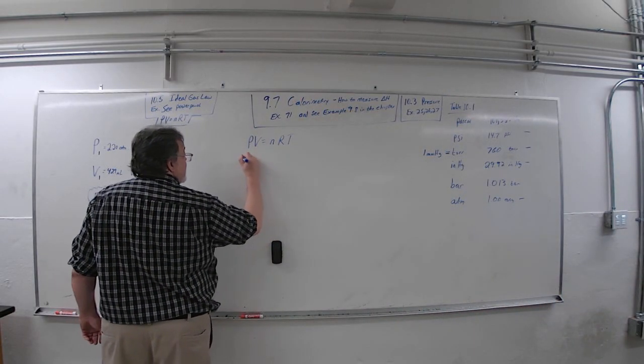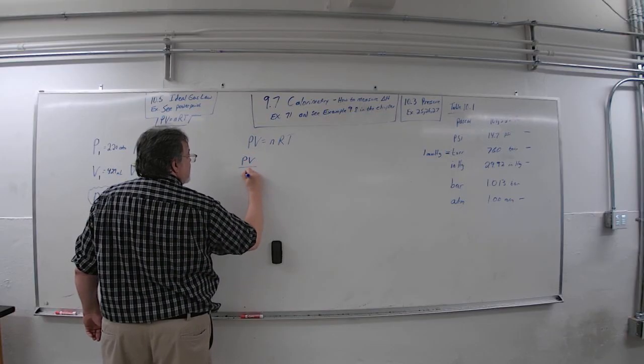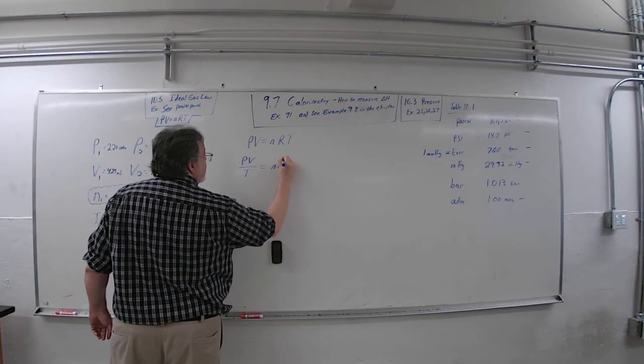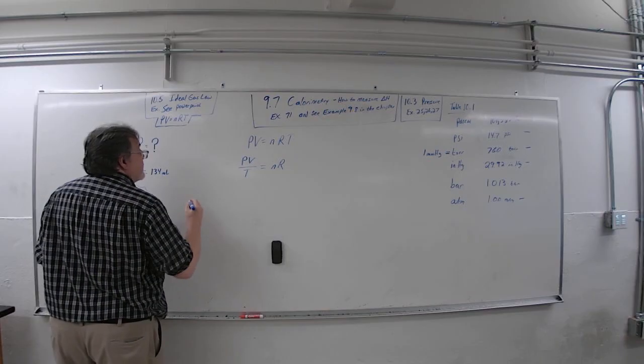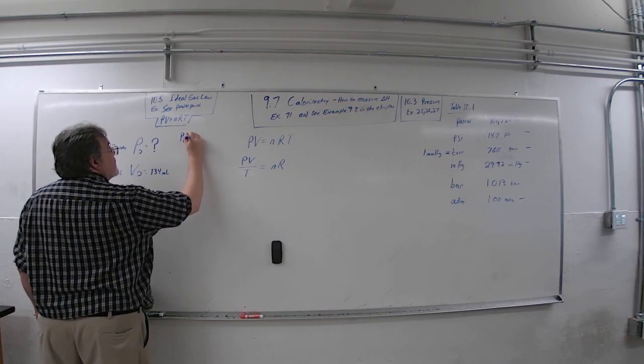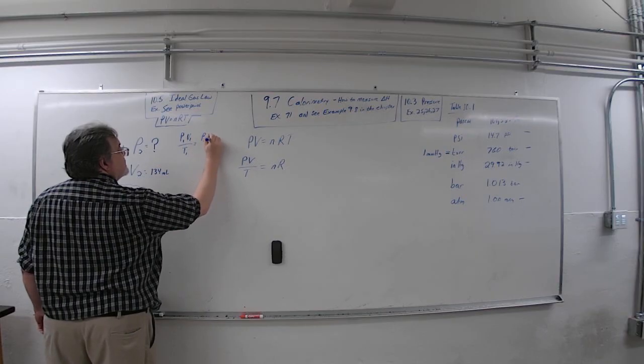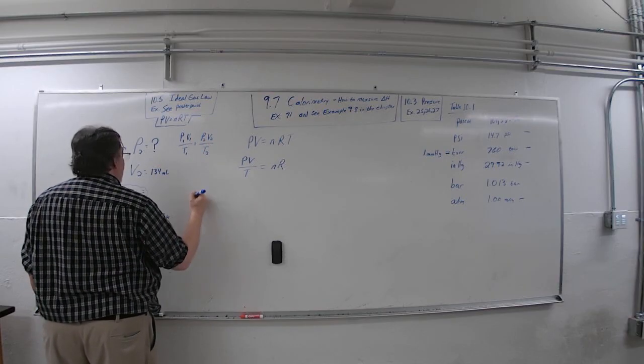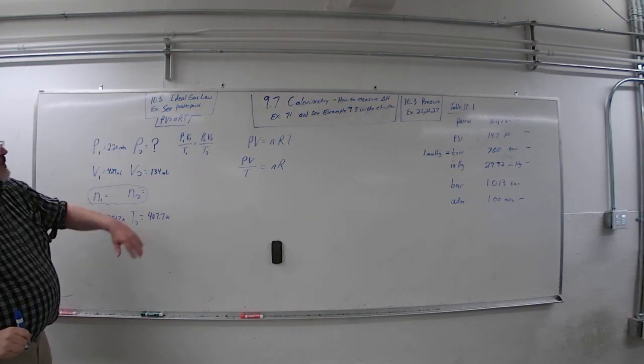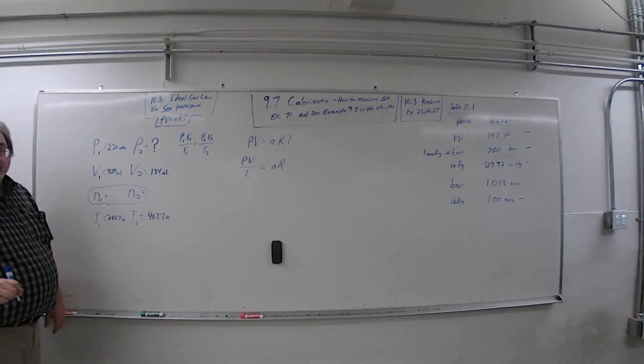Divide both sides by T, and you get PV over T equals nR. And now you're going to go P1 V1 over T1 equals P2 V2 over T2. There's 6 variables there. We have 5 out of 6, and we're just solving for the last one.